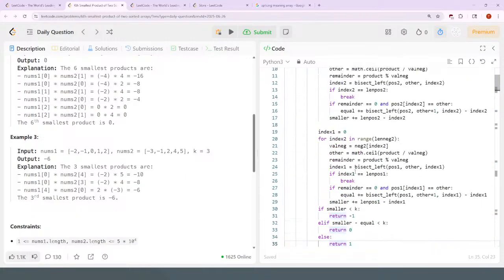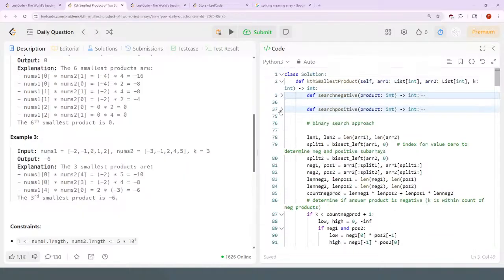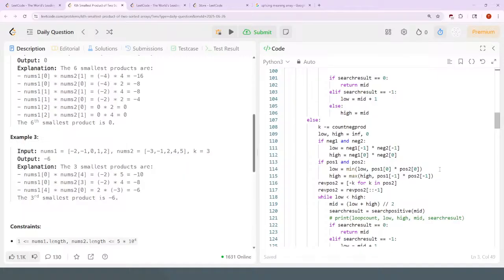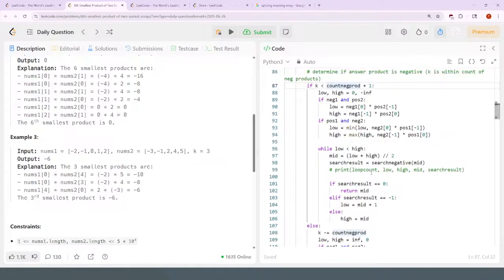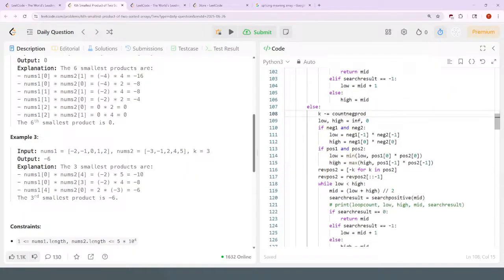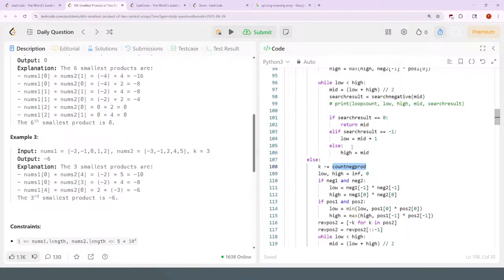And then for searching the positives, it's very similar. So I'll go back again. There's the binary search for the negative case, and here's the binary search for the positive case. If it's a positive product, then the kth value is going to be found by removing the number of negative products that I counted.